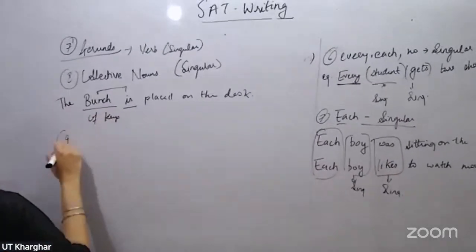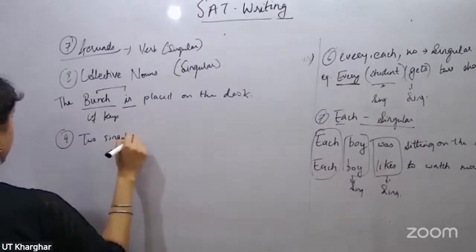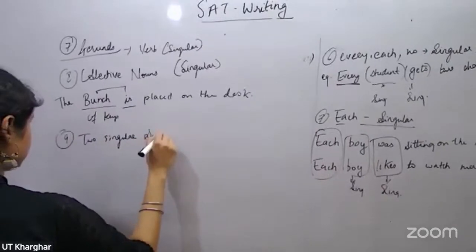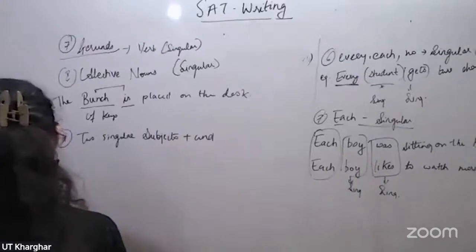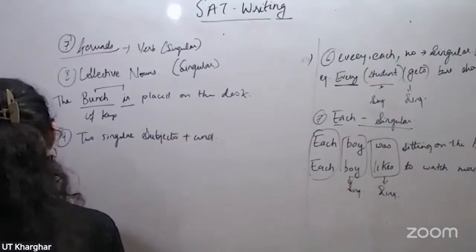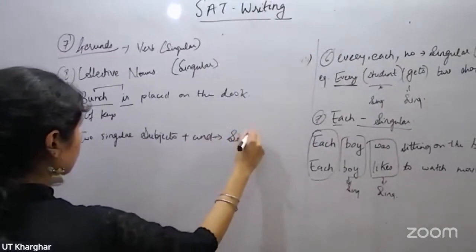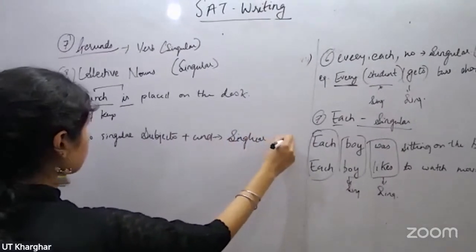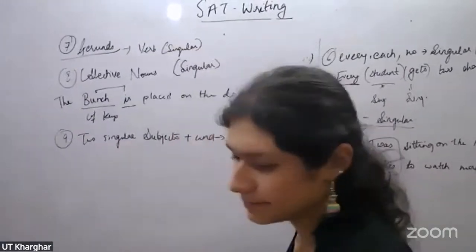Then we have two singular nouns and. The ninth one: whenever we have two singular subjects plus and, it will give rise to a plural verb. Give me an example.